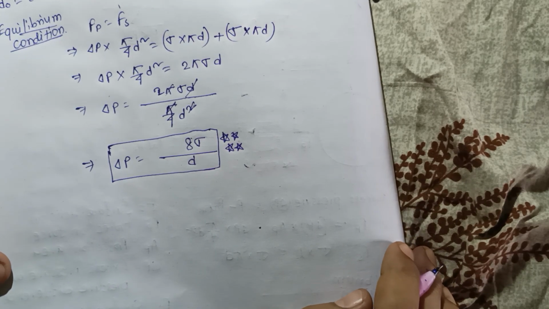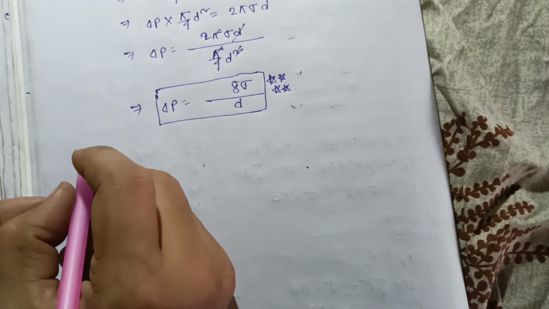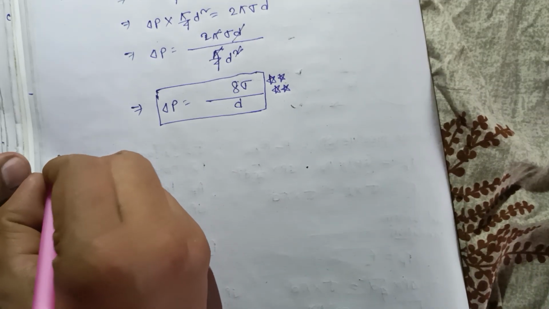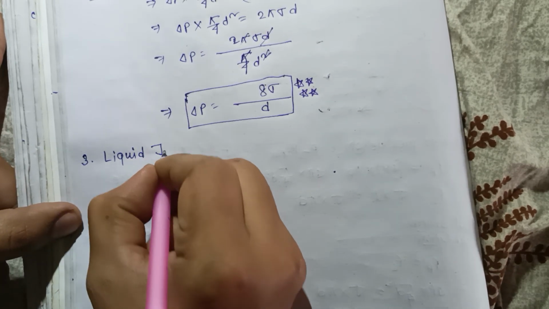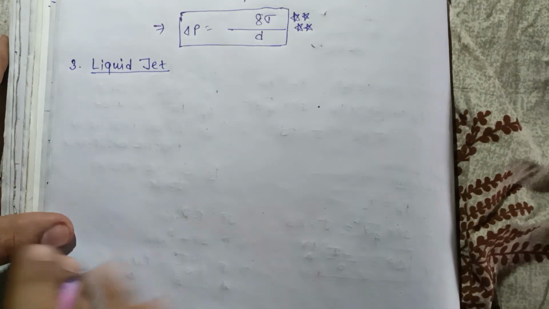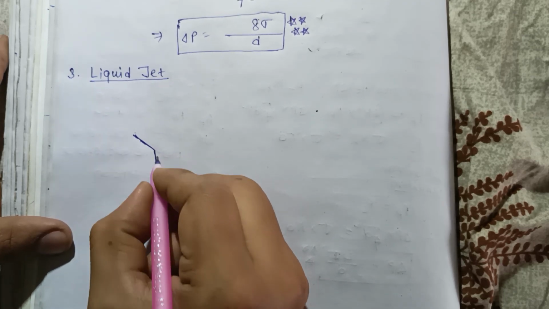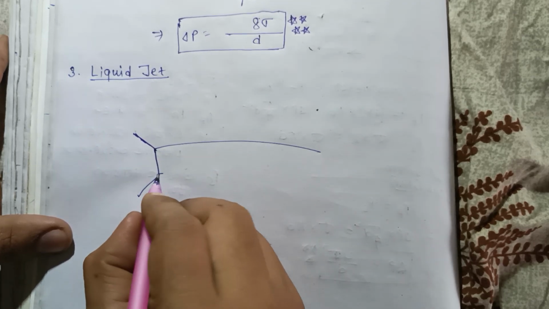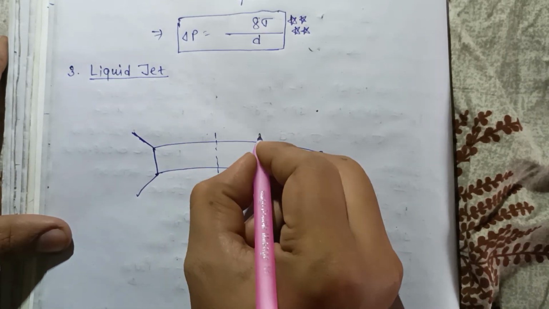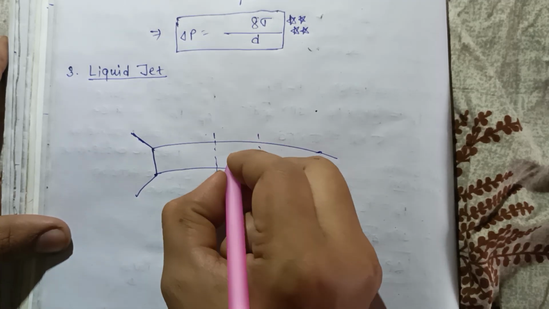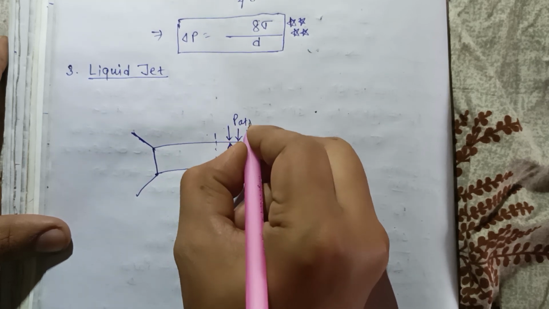Now the third case, the liquid jet. Consider a nozzle, and from this nozzle the water is coming out this way. Consider this is the cross section. Here the pressure is P, and outside there is atmospheric pressure, P atm.